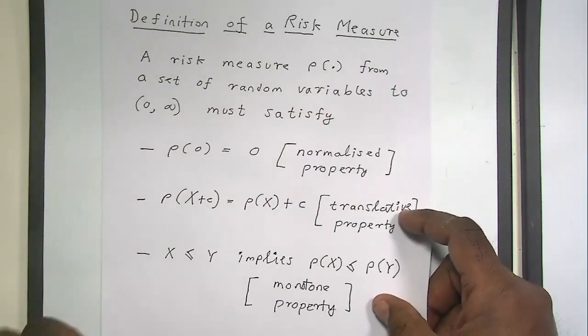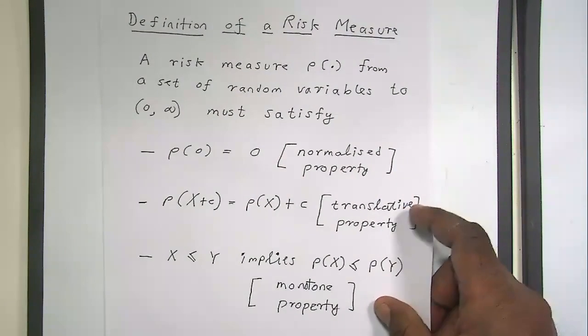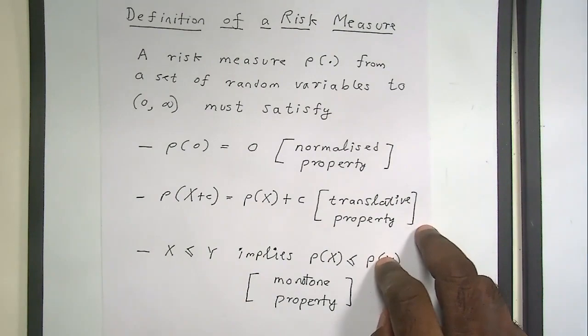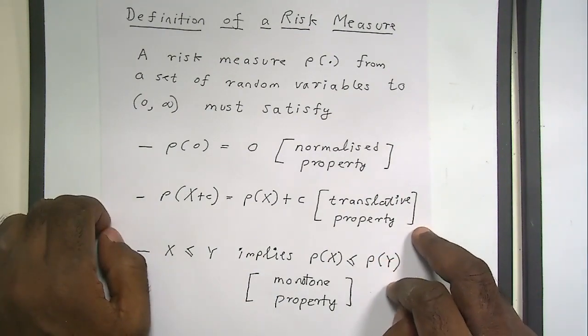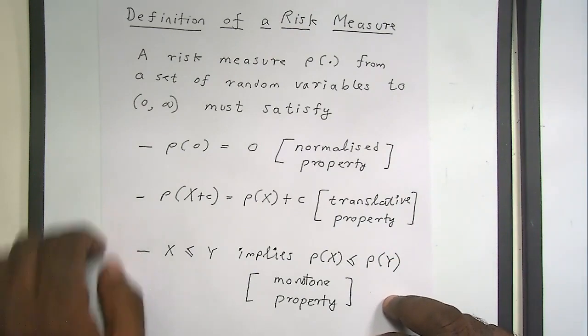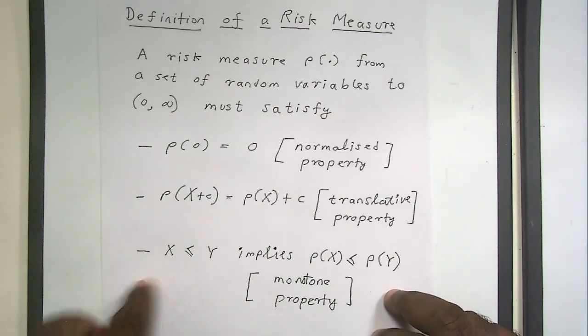Then I defined what I meant by a risk measure. A risk measure must satisfy three properties, known as the normalized property, the translation property, and the monotonicity property. And then there is something known as a coherent risk measure.